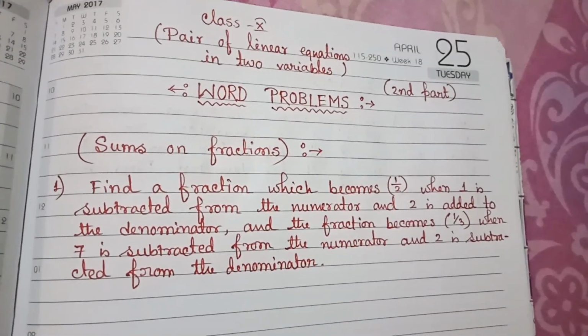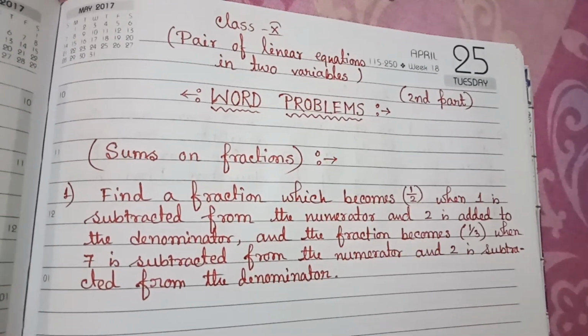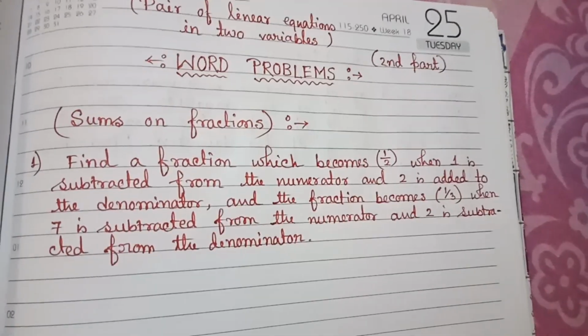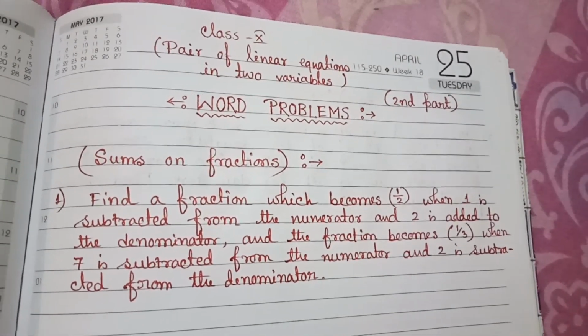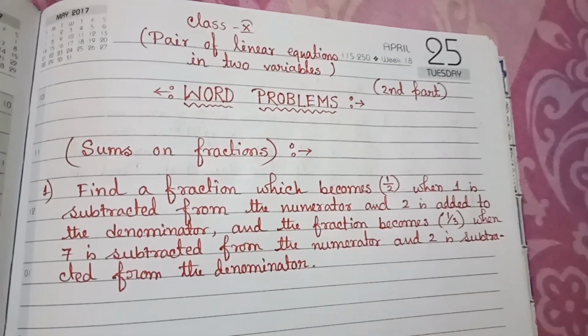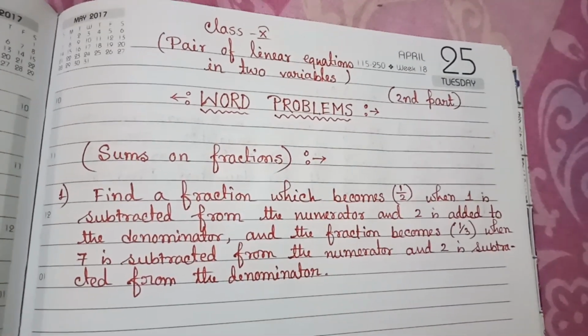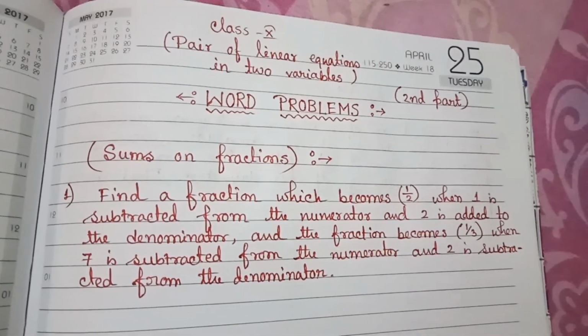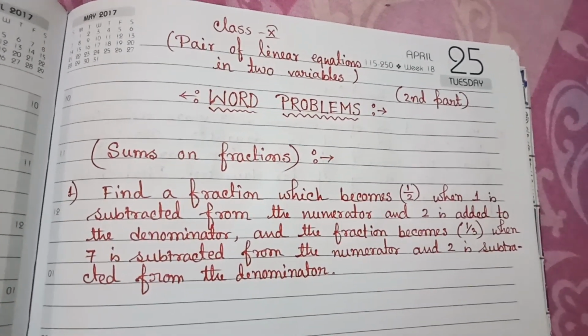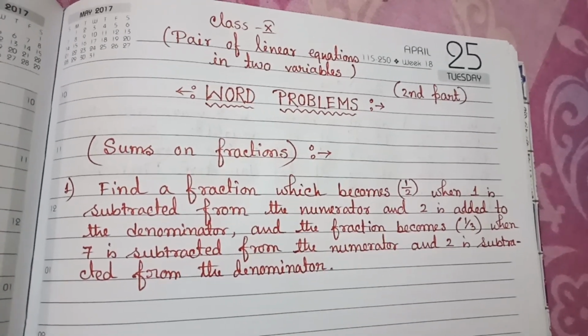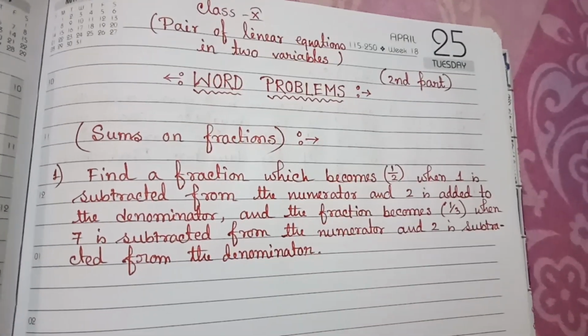Ultimately you have to find the fraction. For finding the fraction, there will be some conditions given and you have to construct two linear equations, and then solve them by whatever method you are comfortable with.